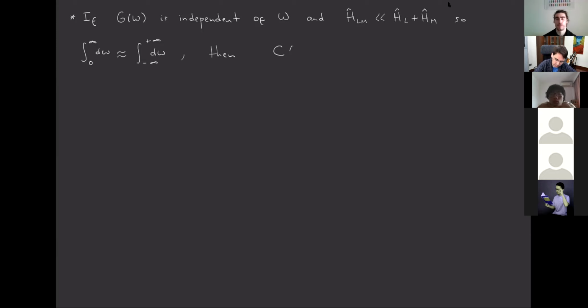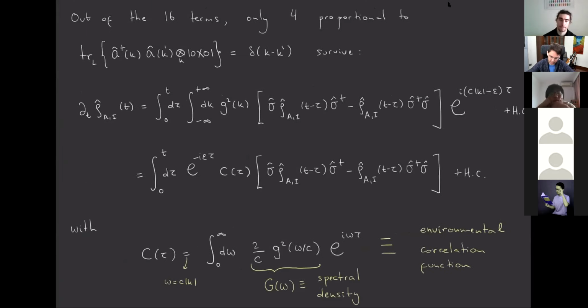Then essentially you can show very easily, so I'll show you in a second, that the correlation function is proportional to a delta function in time, okay? So if G of omega is a constant, you can put it out, and then you extend the integration to minus infinity, you end up just with the integration from minus infinity to infinity of this exponential, and that's the delta function of tau, okay?